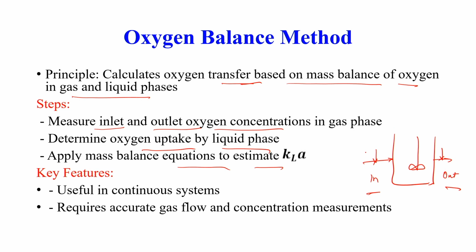As you can see, it is very useful and can be applied to continuous systems. For this measurement of concentration at the inlet and outlet, we require very accurate measurement to determine the KLa value.